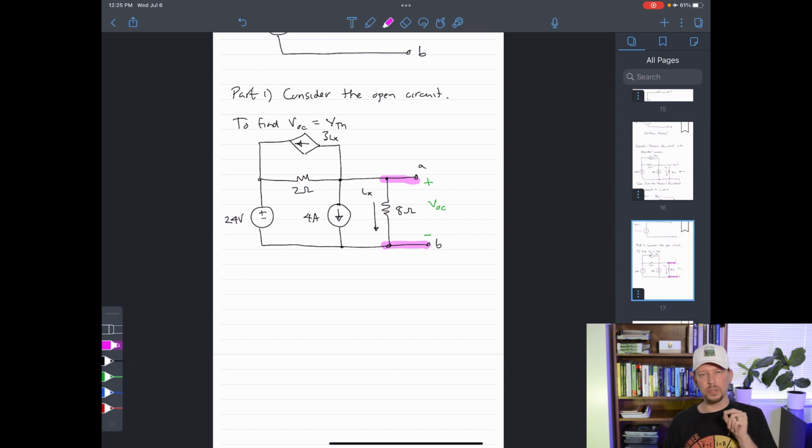Now, due to the fact that we have a dependent source here, remember, we're going to have to go back and take a look at what that dependent source actually depends on, and then write down an equation in terms of those node voltages in order to get that extra equation that we need to complete our system of equations, right? But we'll see how that works here in practice in a second. So here I'm going to use the node voltage method to solve.